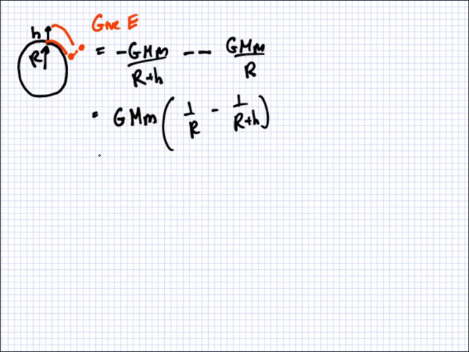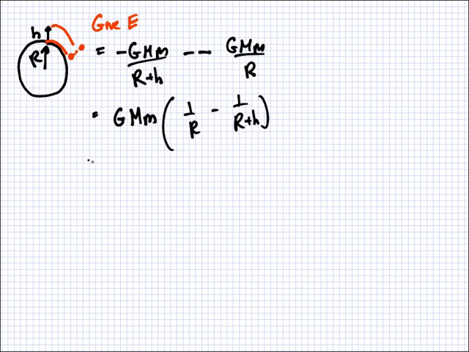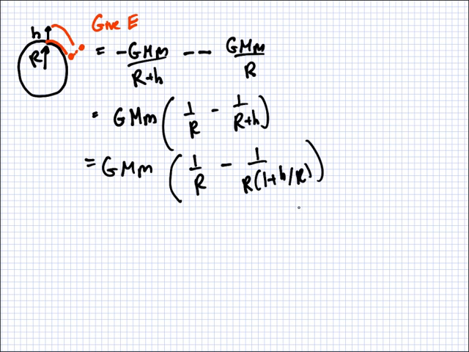Okay so far? So this is GMm times 1 over R minus 1 over R times 1 plus H over R. Is that okay? I took the R out.